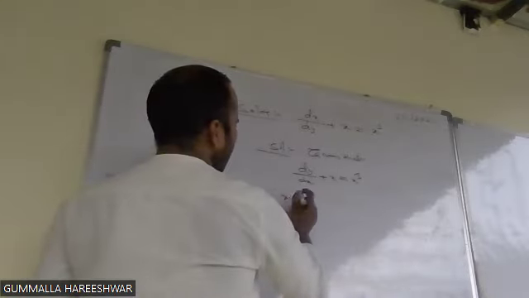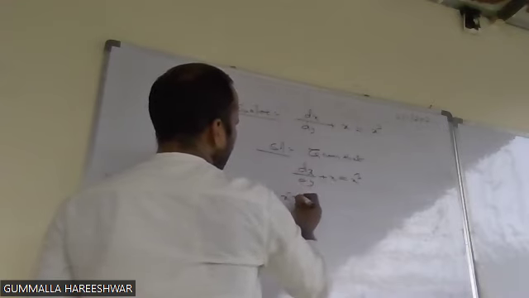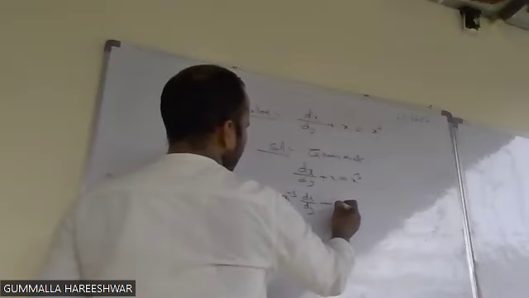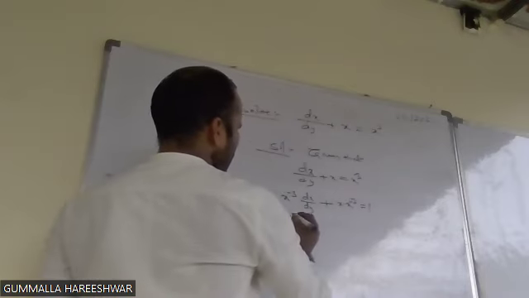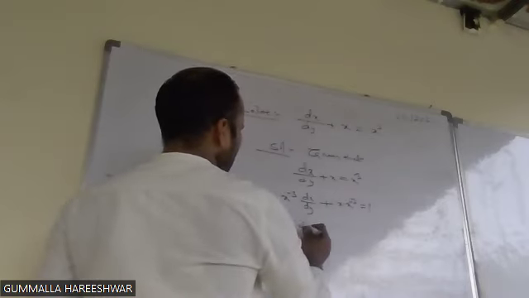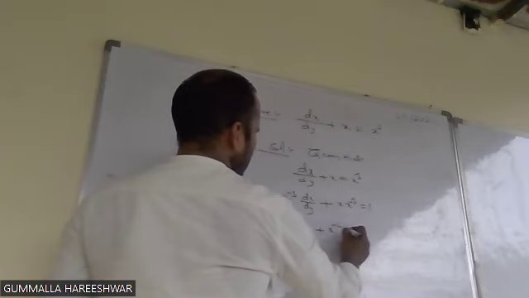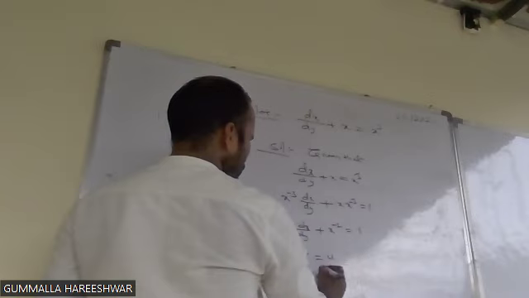We get x power minus 3 dx by dy plus x into x power minus 3 equals 1, that is, x power minus 3 dx by dy plus x power minus 2 equals 1. Now I'm taking x power minus 2 is equal to u.